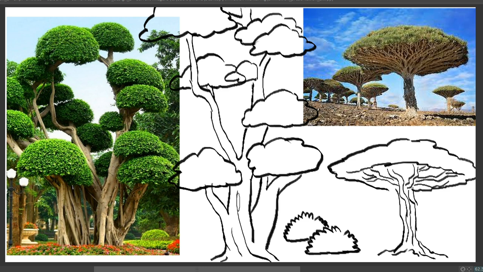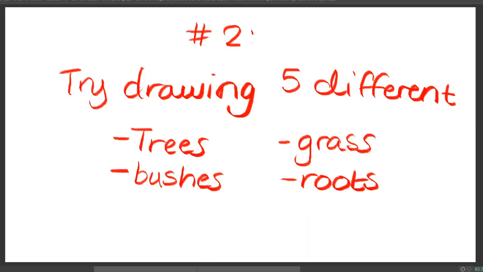And he gave us an exercise at the end. He said, I wrote it here somewhere, draw 5 different types of trees and bushes and grass and roots just from imagination. It was actually really hard to do, but we managed.